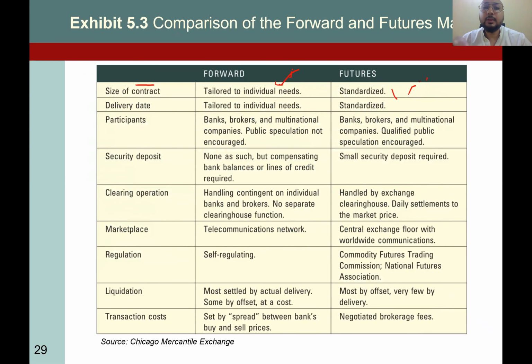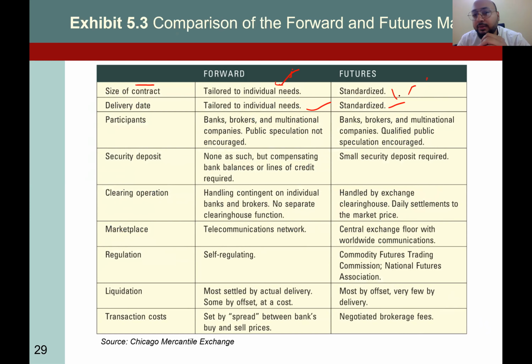Delivery date tailored: if you need 25 days, 10 days, 5 days, or 41 days, it is available. But here you need 30 days, 60 days, 90 days. Everything is standardized, right? If you need delivery to be made in 35 days, future is not available for 35 days, only for 30 days or 60 days, right?